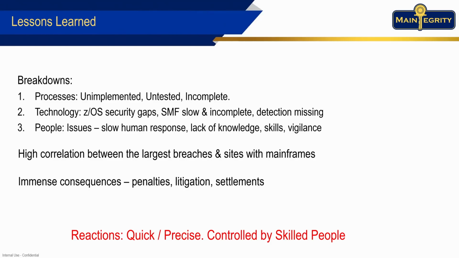And if you're waiting for a human response, or you're even waiting for an automated response that depends on SMF or AI intelligence, it'll be too late, because they'll have trashed whatever they want on your system, and you will be left with a very long recovery at best, and perhaps many years of litigation. So we don't want that to happen. So Gary, if you'd move ahead for me.